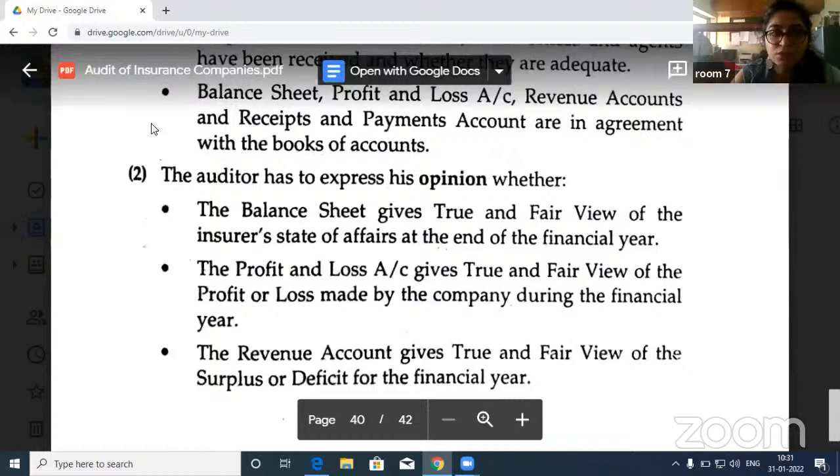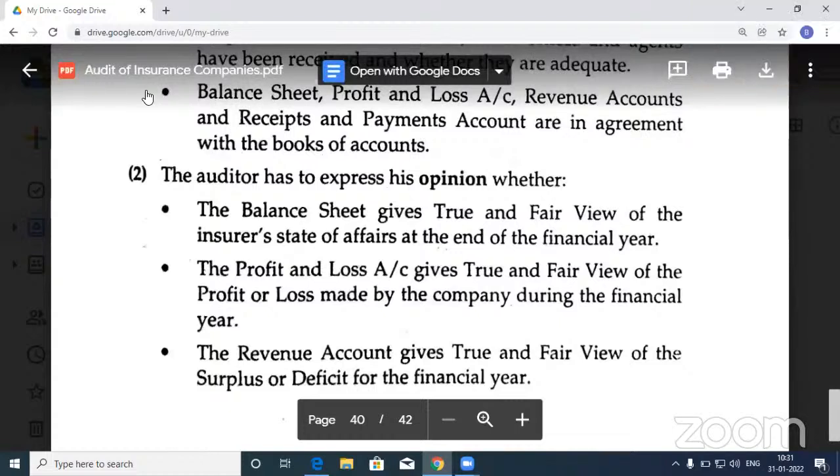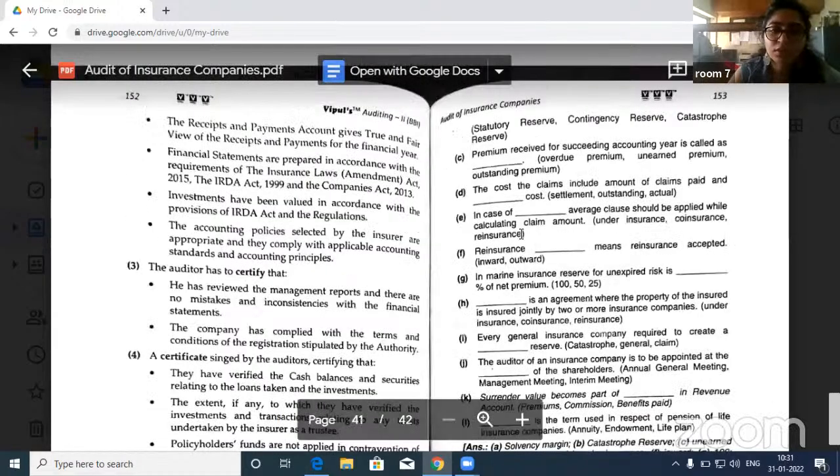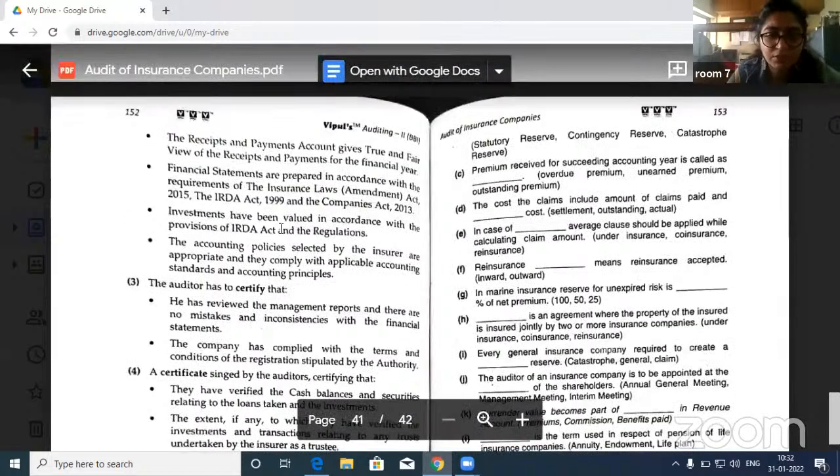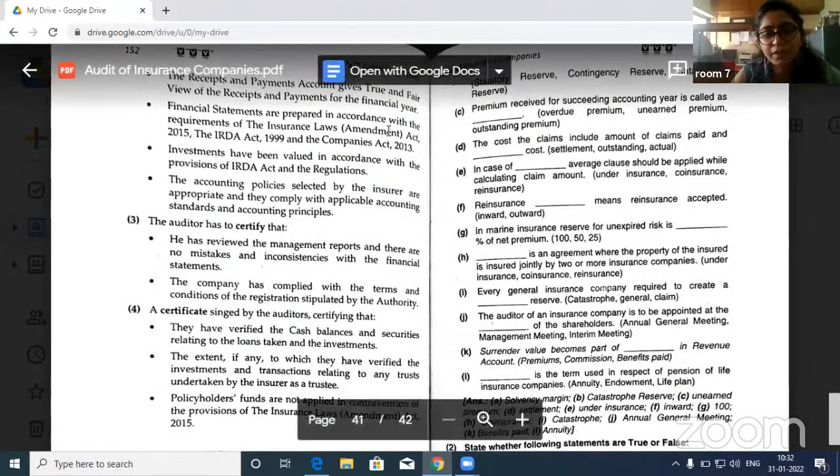Getting my point, students? Yes, ma'am. So this chapter is over. There are some points more, but then you can refer. All of them are same. See, receipts and payments account true and fair. Financial statements are according to Companies Act 2013.